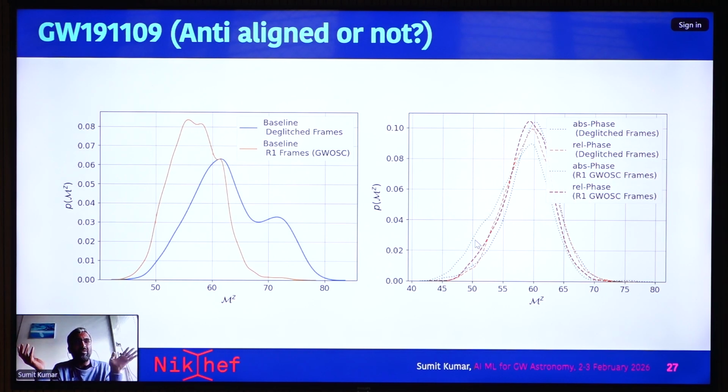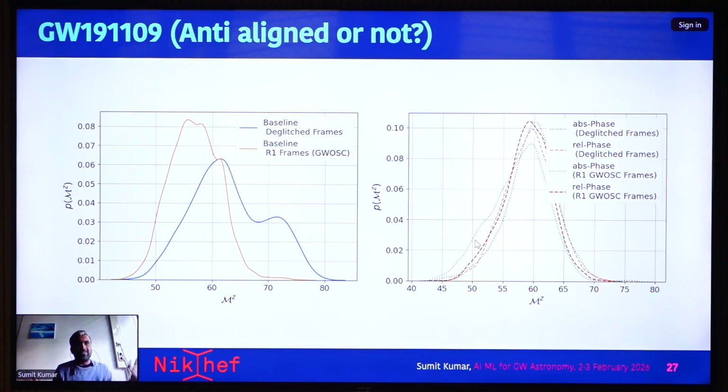You can see that if you do your PE runs on raw frame files or the deglitched frame files, you might get different results. But on the right side, we apply our framework, so it doesn't matter whether it's a raw frame file or the deglitched frame file, the posteriors are consistent and the multimodality is gone.